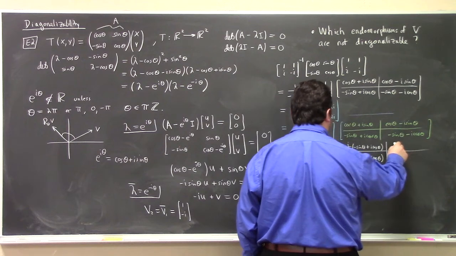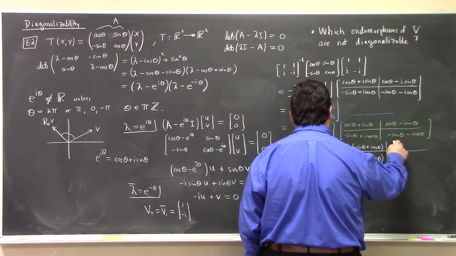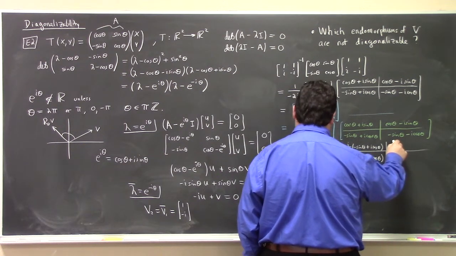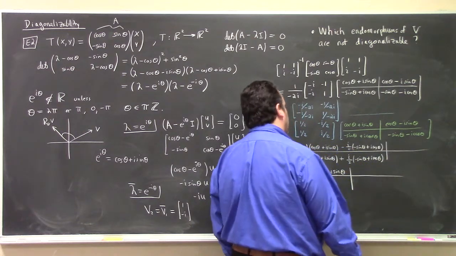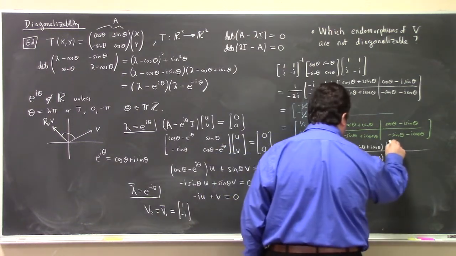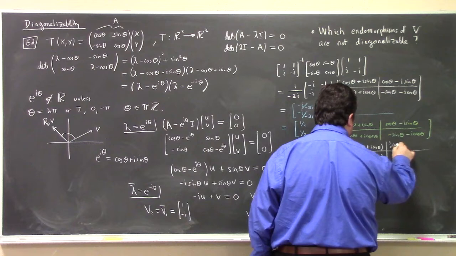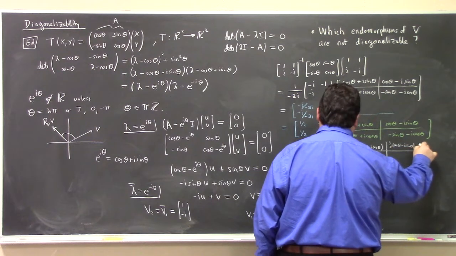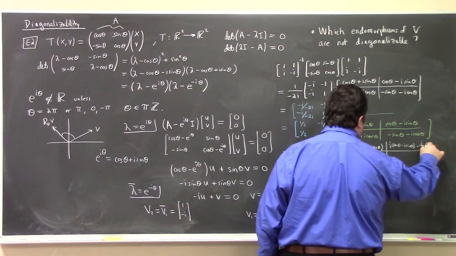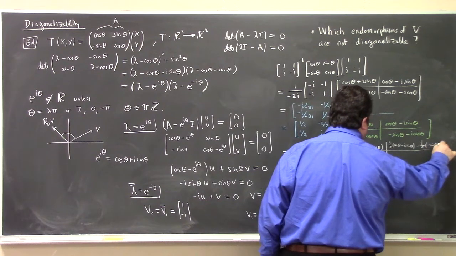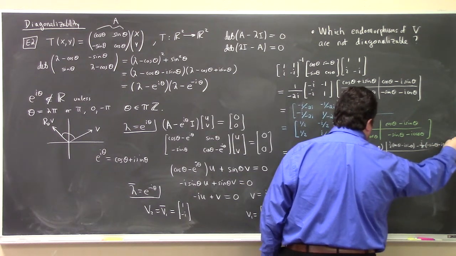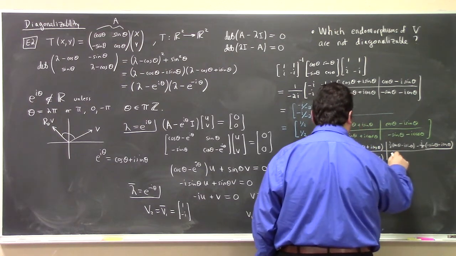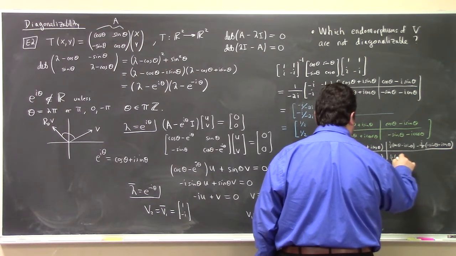Yeah. And then when I work through this over here, which would be, let's see here. All right, 1/2. Alright, so okay, good. Yeah, I got a 2 up front. Okay, yeah. I'm with you. I think that should be cosine theta minus I sine theta.